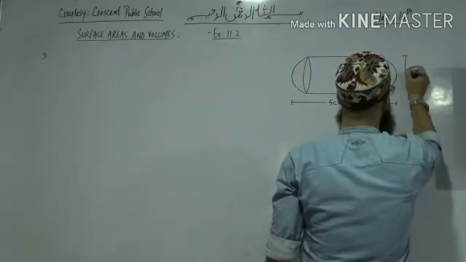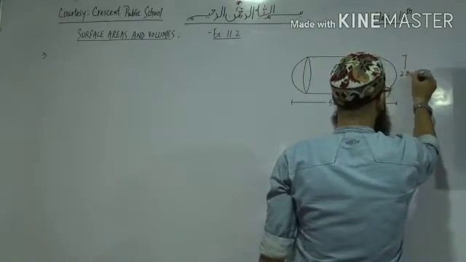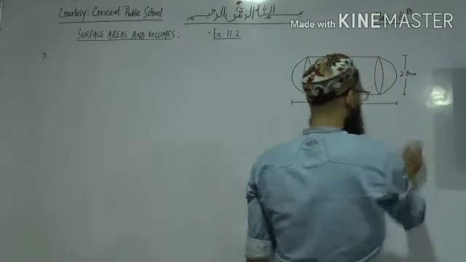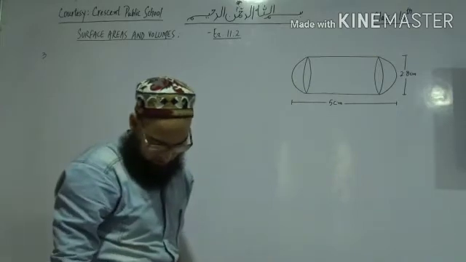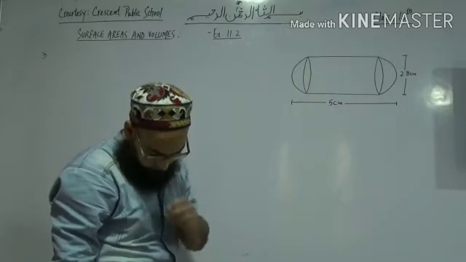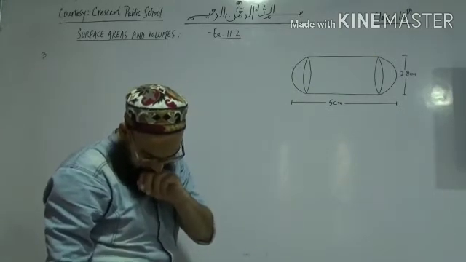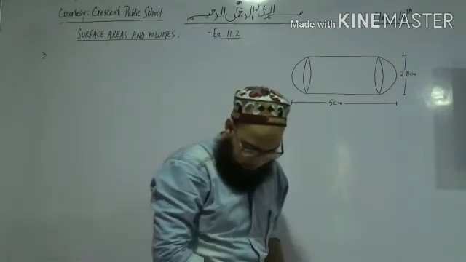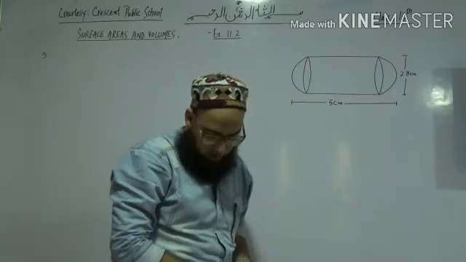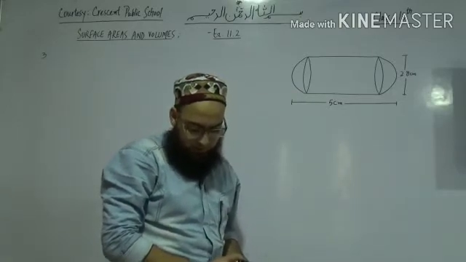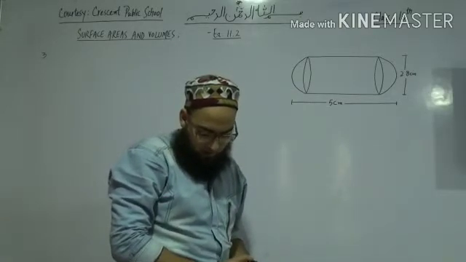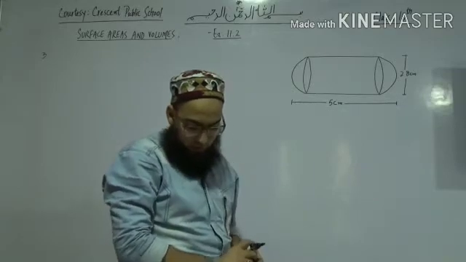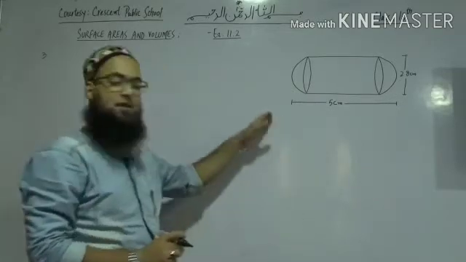This is the diameter, 2.8 centimeter. Then it says find approximately how much sugar syrup would be found in 45 such jamuns.